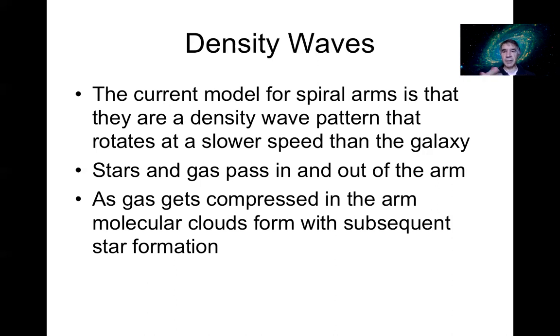So this is why the spiral arms are marked out as the regions where new stars form in spiral galaxies. Okay. And so that allows them especially to form the massive stars. And so all of the massive star phenomena are associated with spiral arms.